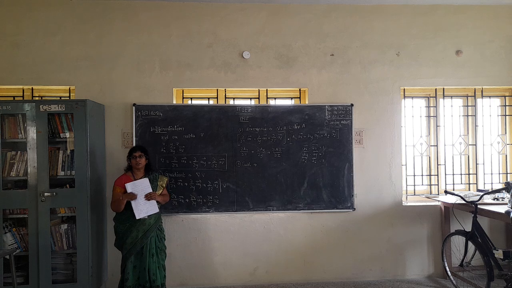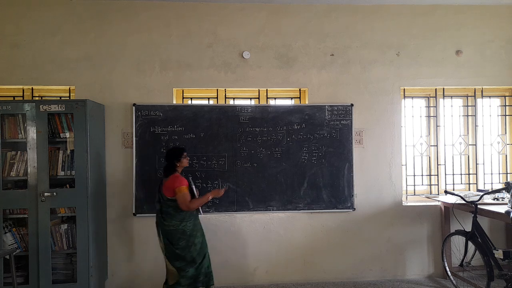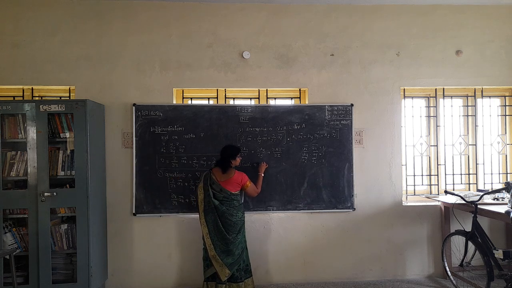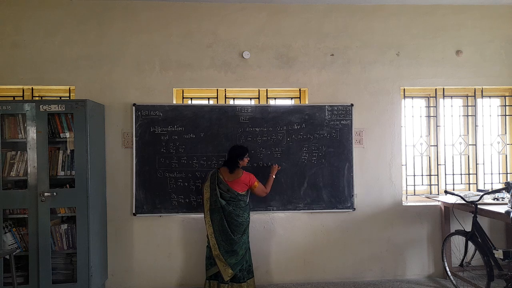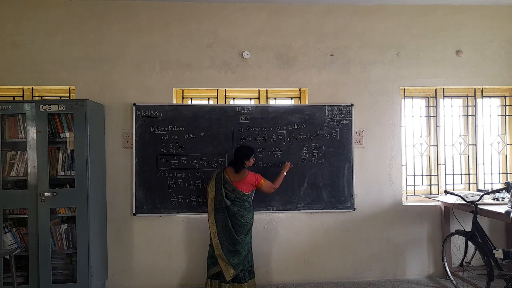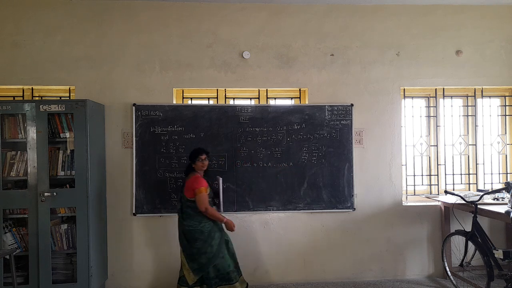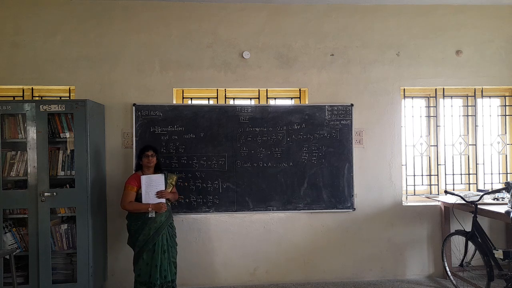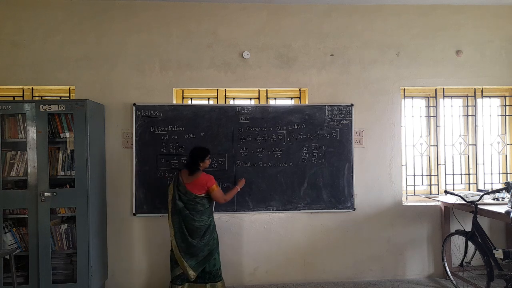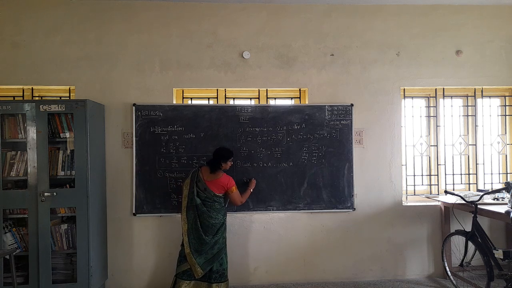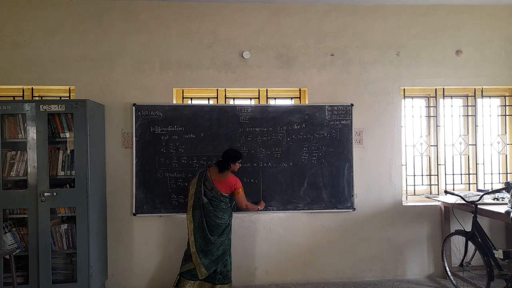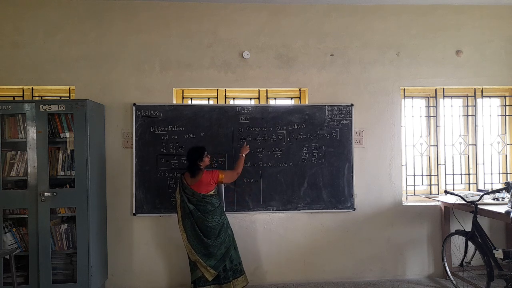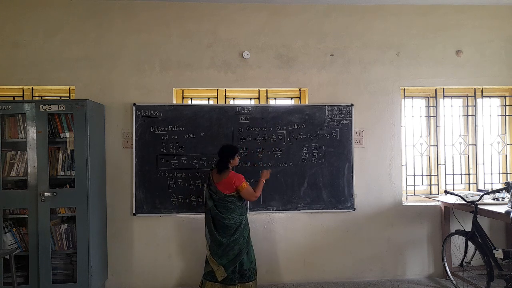Curl is a cross product. Right? So how should we write it here? Del cross A. It is also called as curl of A. How do we express this? Curl in matrix form. Right? So del cross A is equal to, always your first row will represent your axes, three-dimensional view.